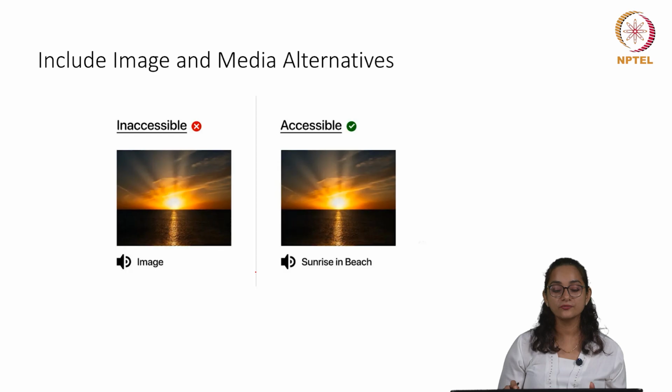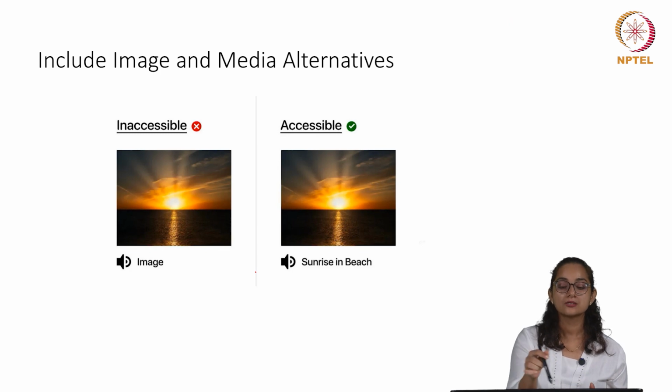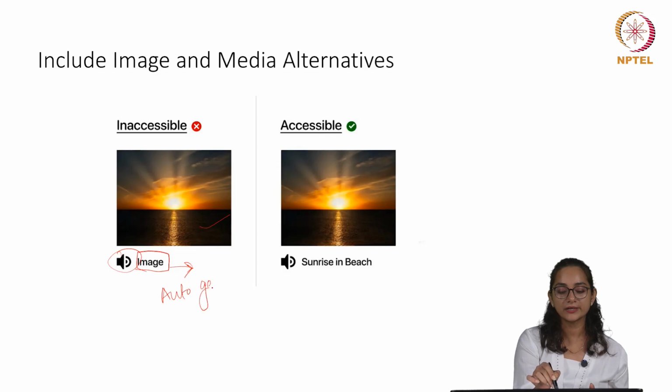In case of images, it is always very important to include alternative text, alternative descriptions. For example, there is an image, there is an audio description, but it just says "image". There is a big chunk of the industry now looking at auto generated alt text.